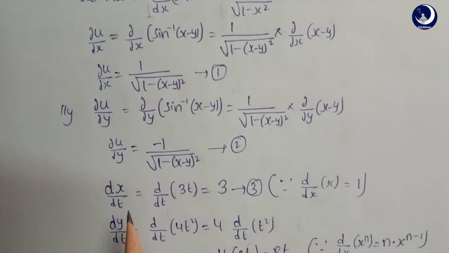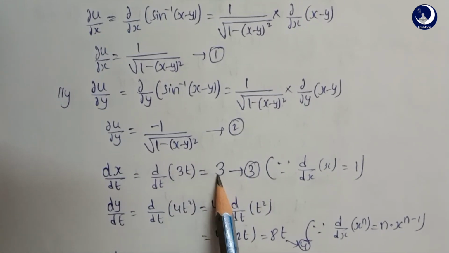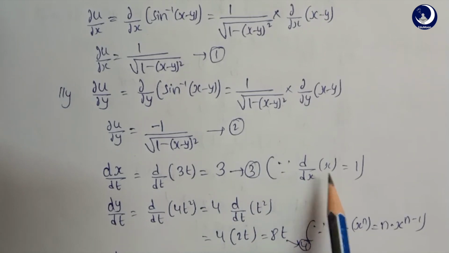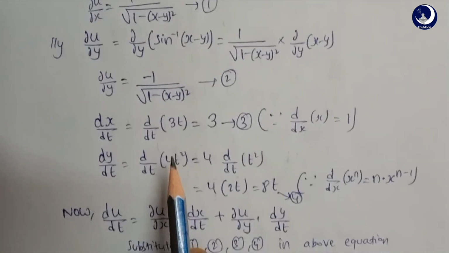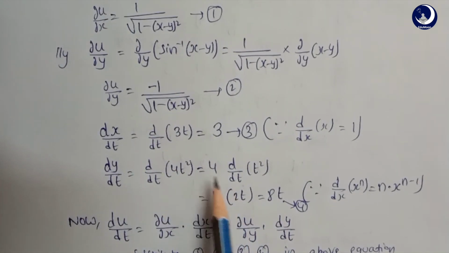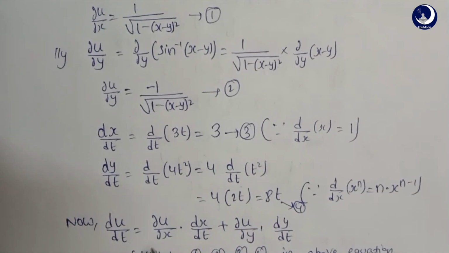Now dx by dt: we know x equal to 3t, by differentiating we get 3, because d by dx of x equals 1. And dy by dt: we know y equal to 4t square, by differentiating t square we get 2t, so 4 into 2t equals 8t. Now we have the 4 values.